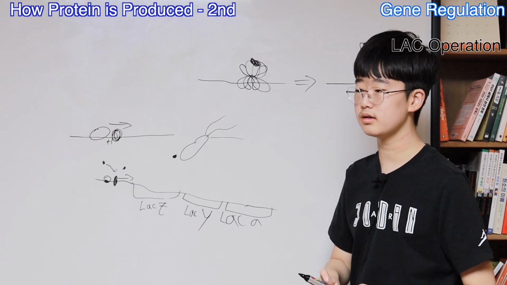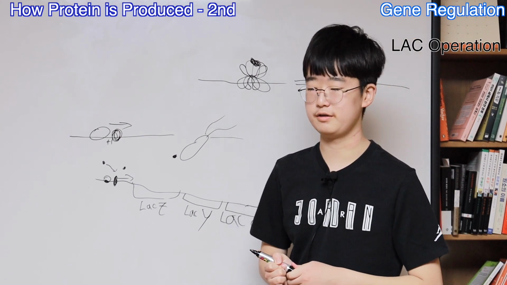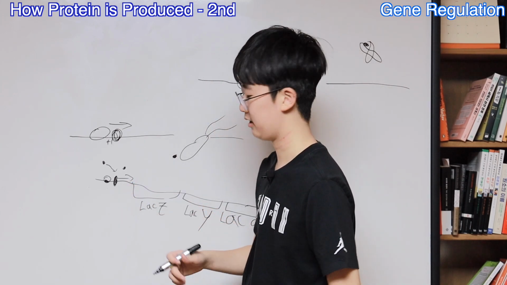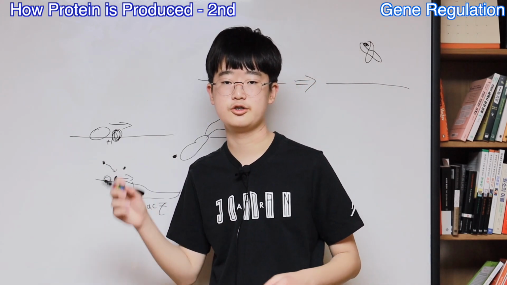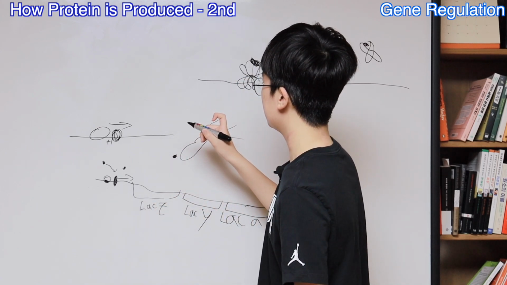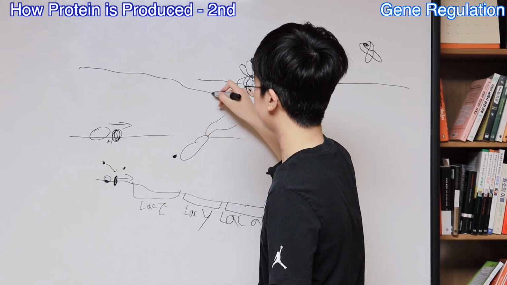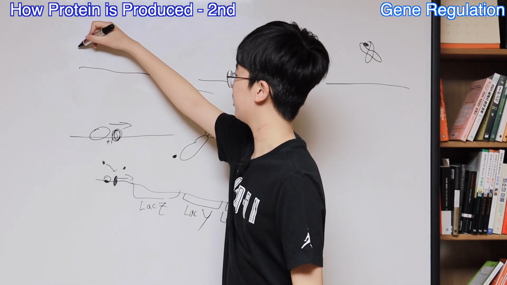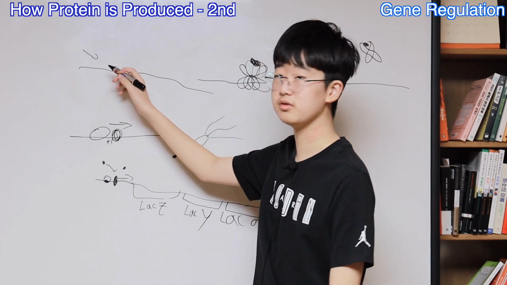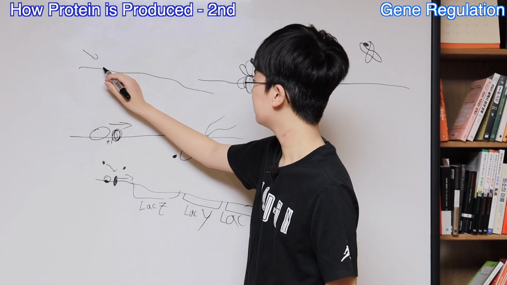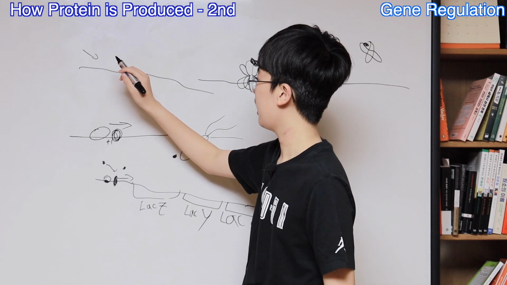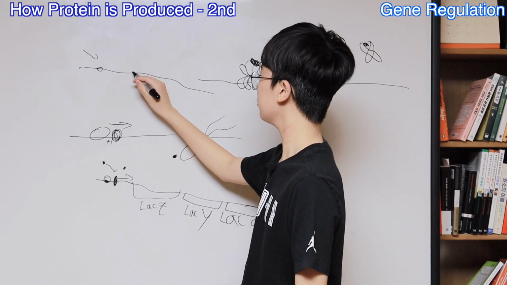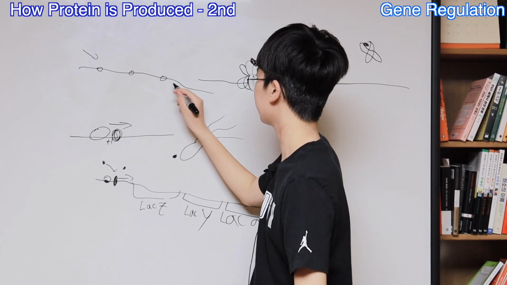And also there's another way to regulate genes. If we have a gene here, let's say there's an RNA polymerase trying to make RNA. The sigma factor can bind over here, and also over here, also over here.